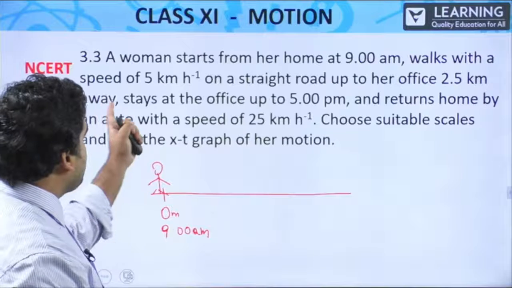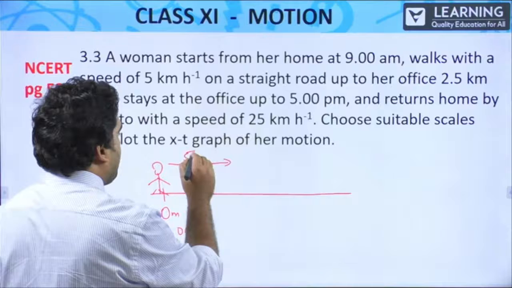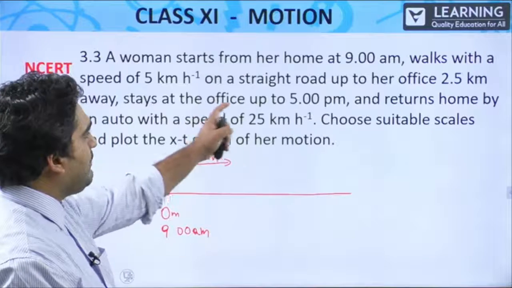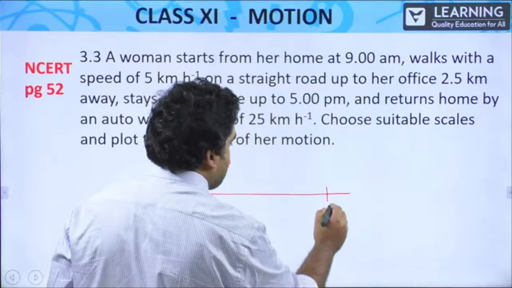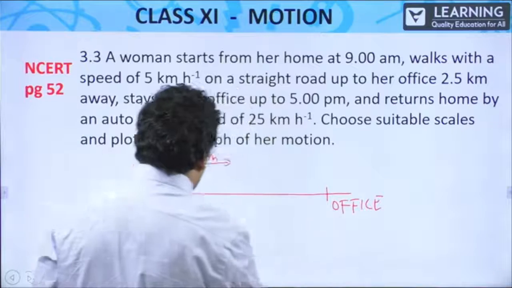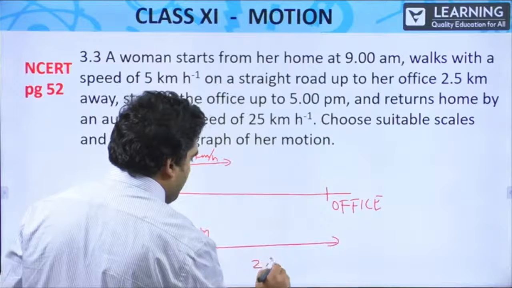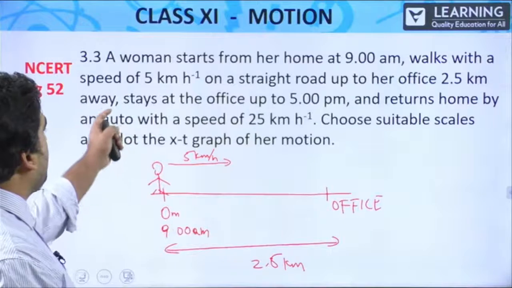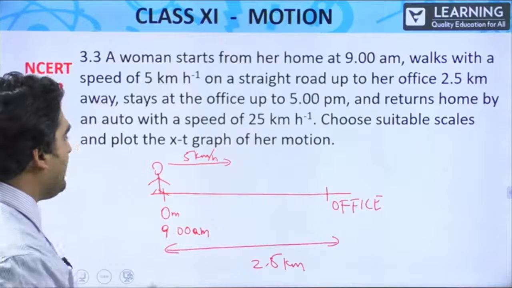She is walking with a speed of 5 km per hour, up to her office, which is 2.5 kilometers. Let's say this is her office. Total distance 2.5 kilometers. And she stays at the office up to 5 p.m.